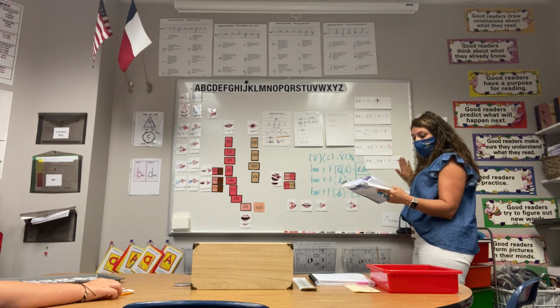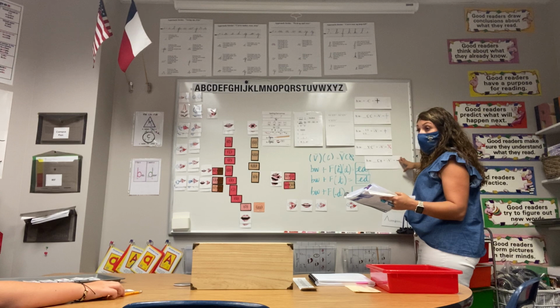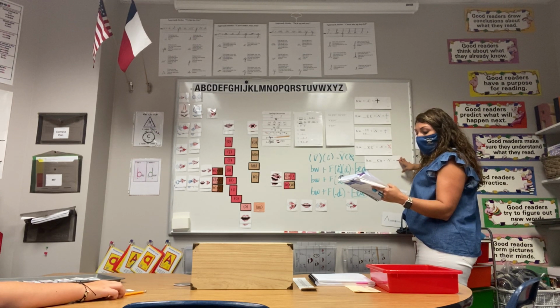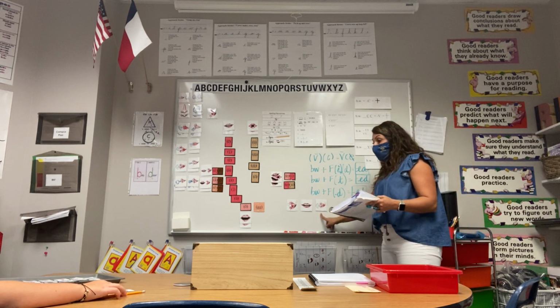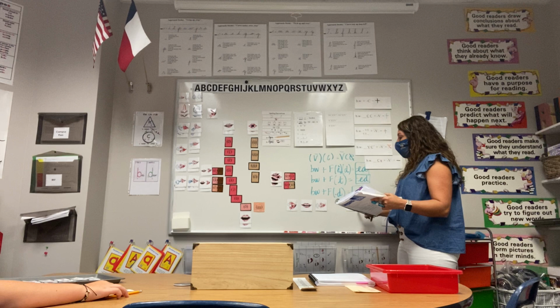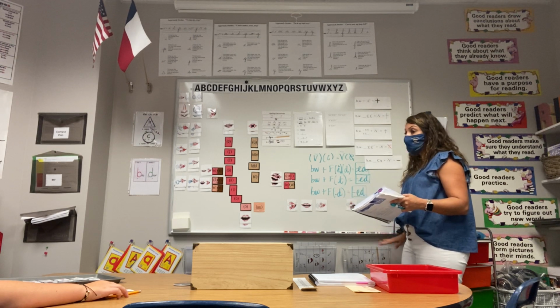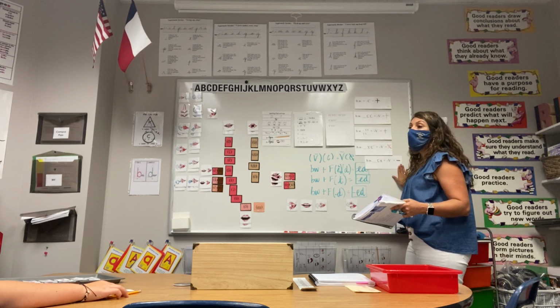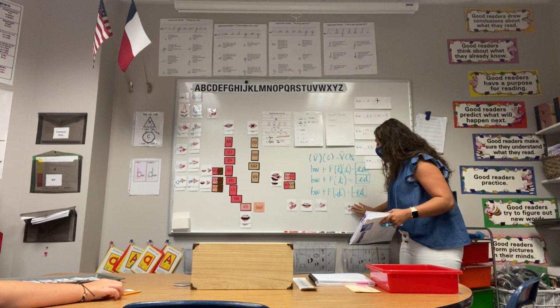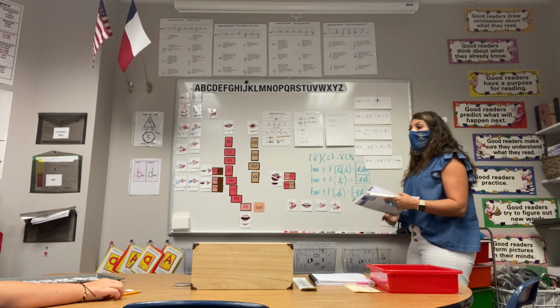If it ends in consonant silent E, we drop the silent E and attach our vowel suffix. Would we use this dropping rule? Yes. So we're going to drop the silent E and attach our vowel suffix.